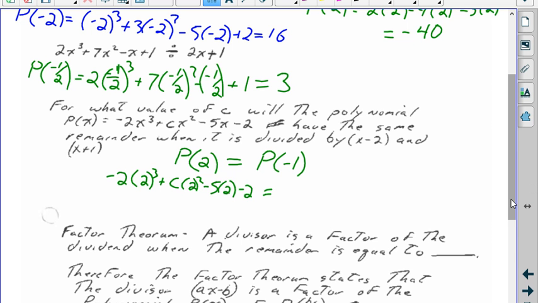Over on the other side, negative 1 cubed plus c times negative 1 squared minus 5 times negative 1 minus 2.